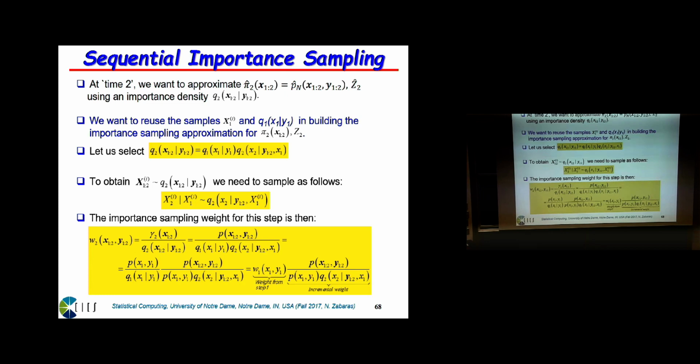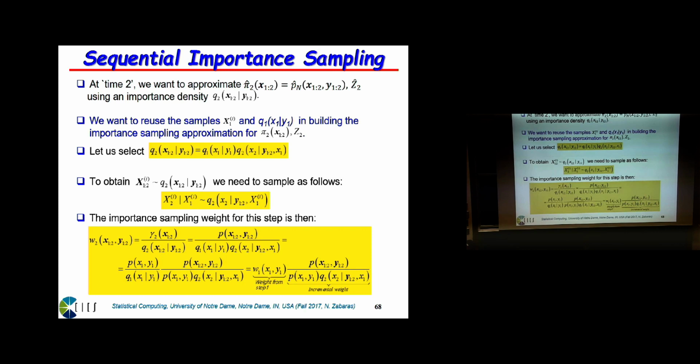So here's the idea. You sample x1 from Q1, you compute this weight W1, and then to sample x2, you're going to sample it from this distribution. And then your new weights will be basically the old weights times this incremental weight.